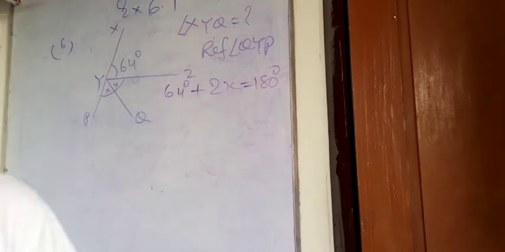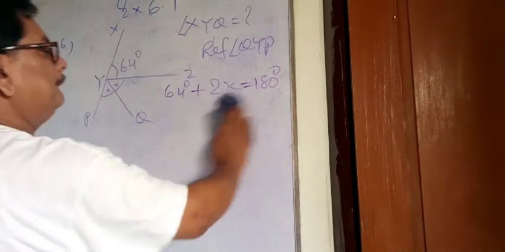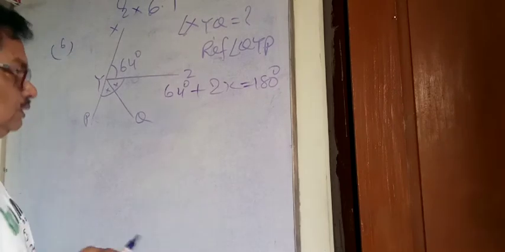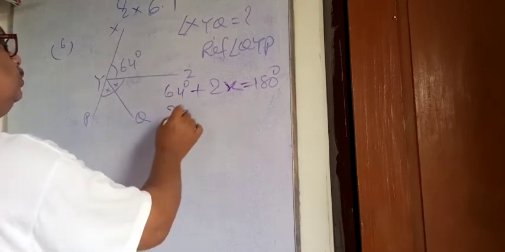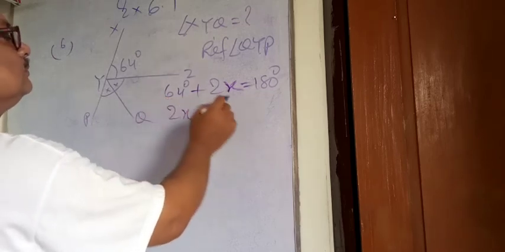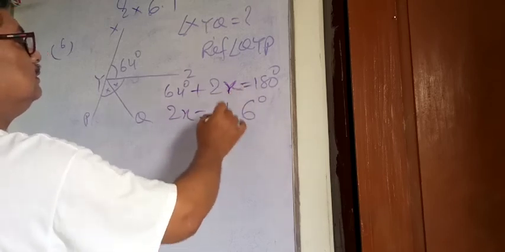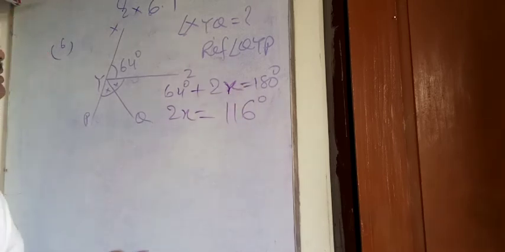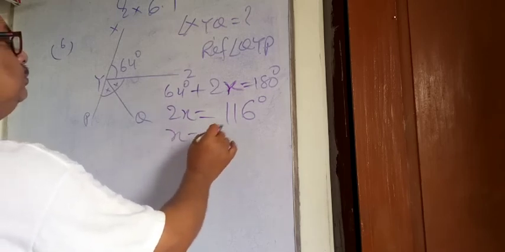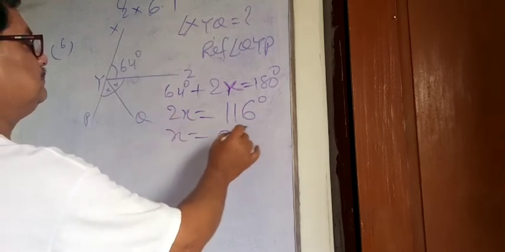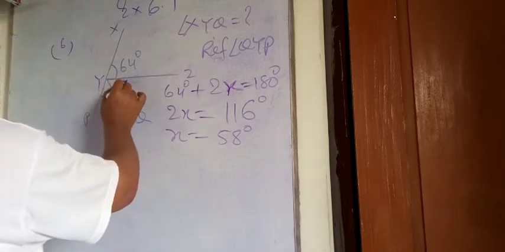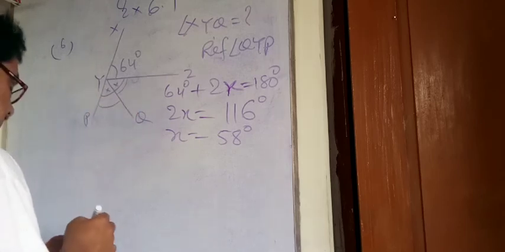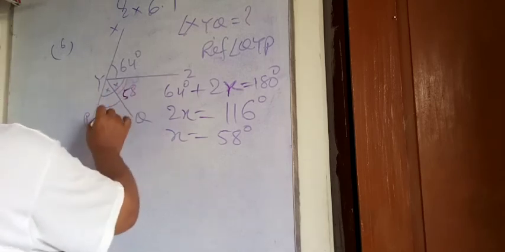And it will give the value of X. Let's see what comes. This is X. So 2X will be equal to 116. Therefore X will be equal to 116 by 2, 58 degree. Exactly. This is 58. This one is 58. This one is also 58. Let me write here 58, 58.